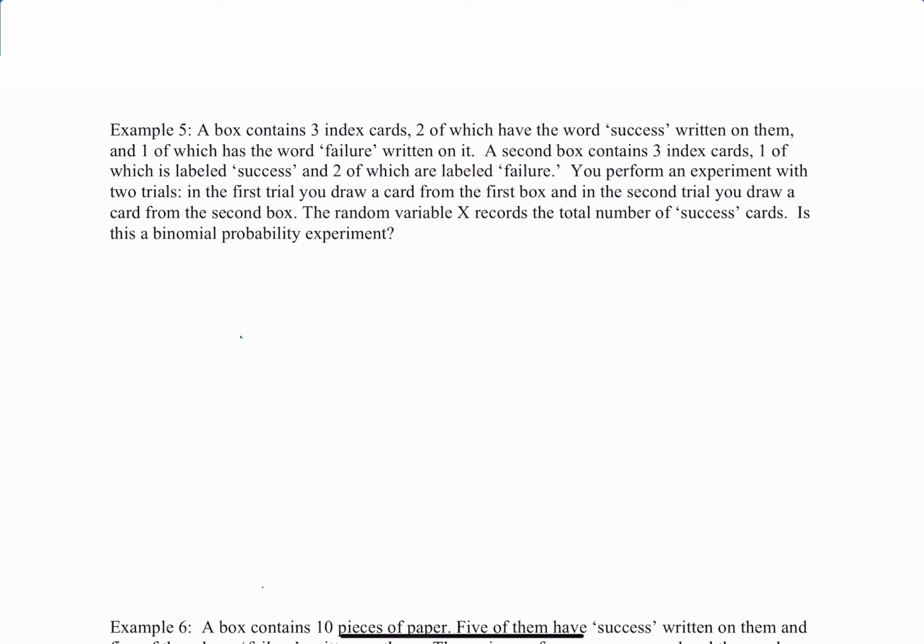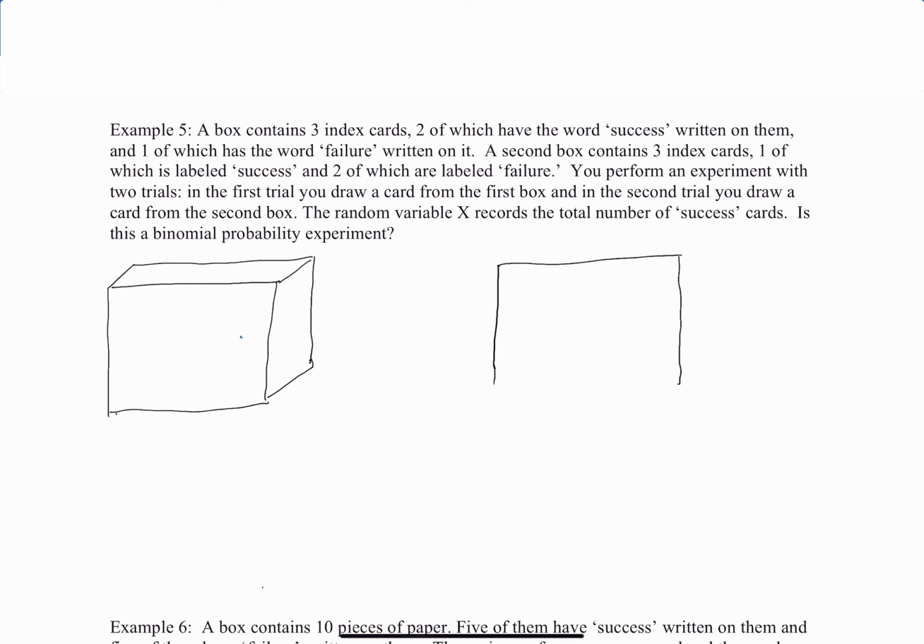In other words, we have these 2 boxes, one of which has three cards, and in this first box, 2 of the cards are labeled success, and 1 card is labeled failure.